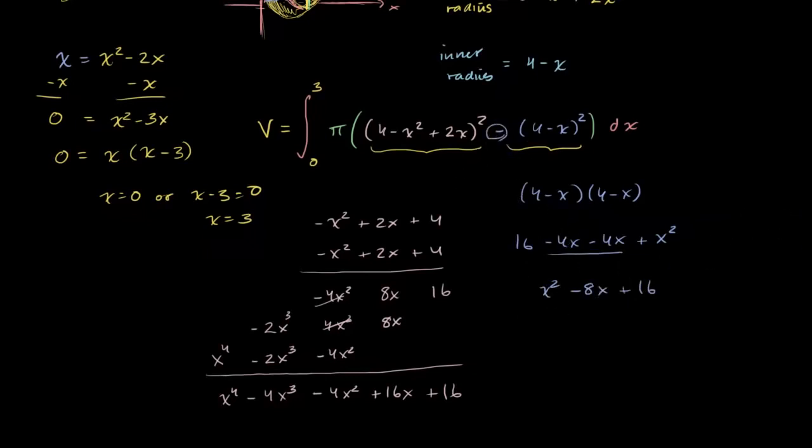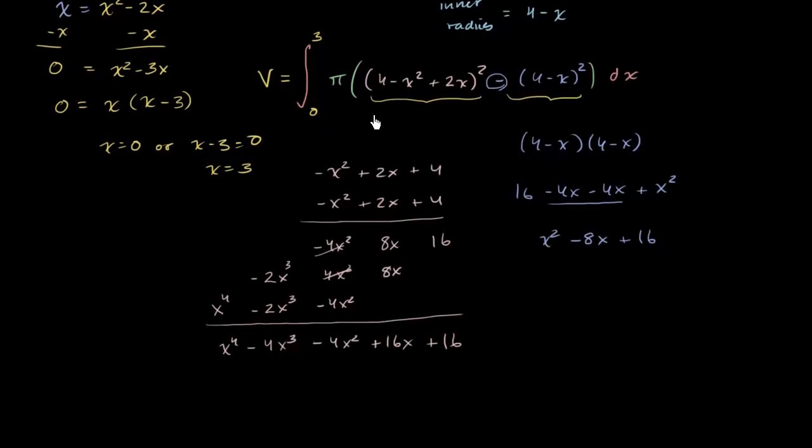So let's just do it right over here since we already have it set up. So we have this minus this. We're going to subtract this, or we could add the negative of it. So we'll put negative x squared plus 8x minus 16.